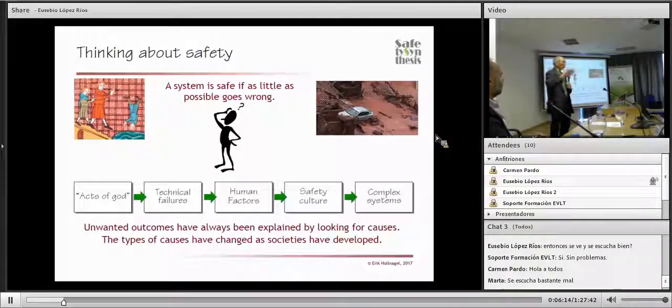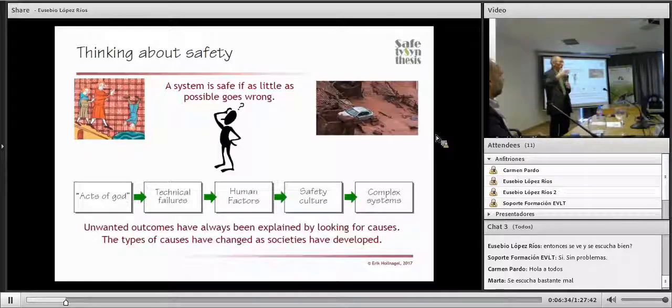This was the original explanation. When something happened we couldn't understand, we explained it by referring to something else. Usually it's nature and it's God, or you pray to God, or you sacrifice to the gods to make sure it doesn't happen again.